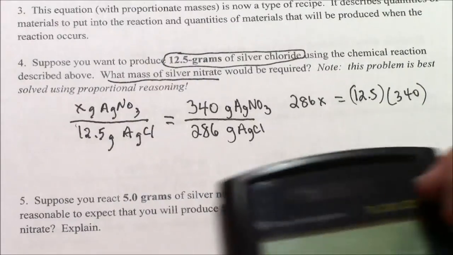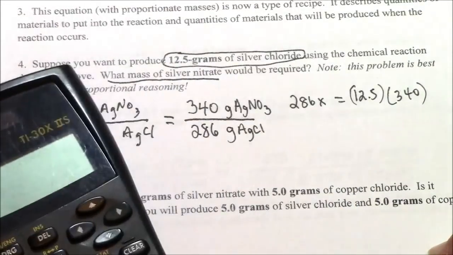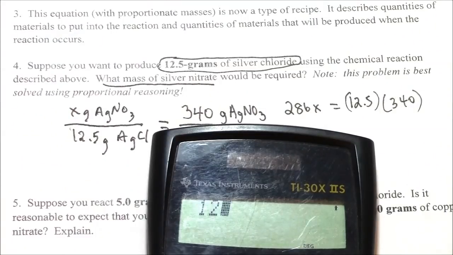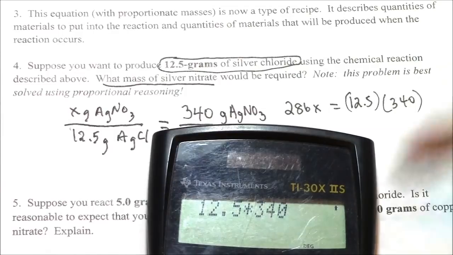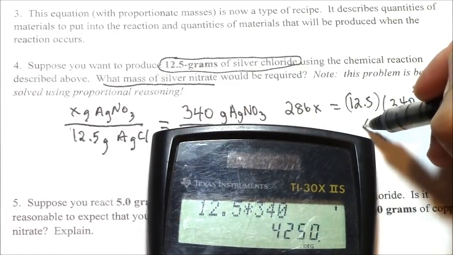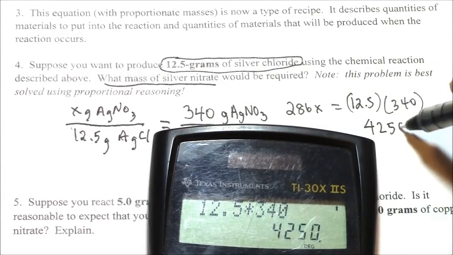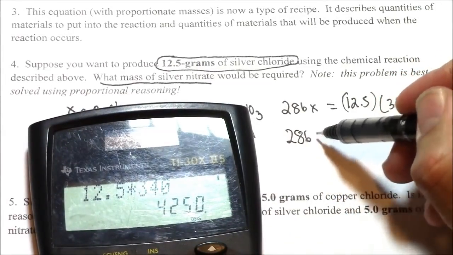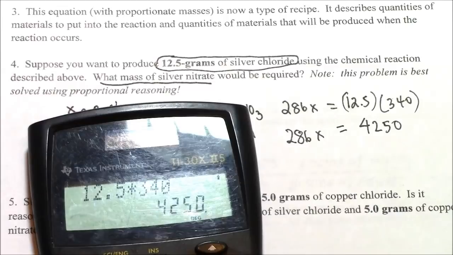Now I'm pulling out my calculator and I will type in the proper numbers to get an answer. 12.5 times 340 is 4,250. 286x equals 4,250.